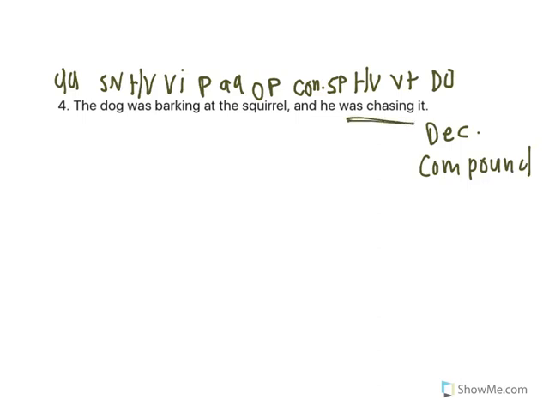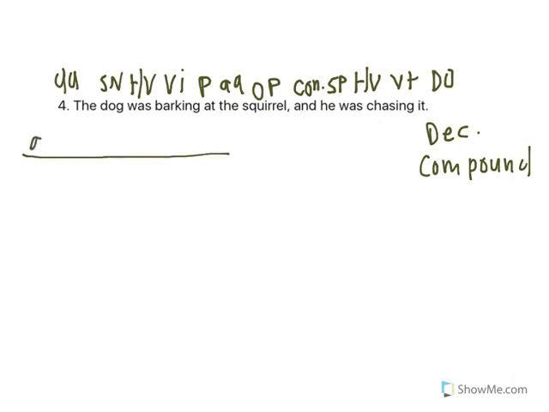And that still makes sense. The dog was barking at the squirrel and was chasing it. But it's a simple sentence. It's not a compound sentence because was chasing it cannot stand alone as an independent clause as the phrase he was chasing it. That can stand alone as an independent clause. So we know then that this is two independent clauses joined by a coordinating conjunction and a comma, and that makes it a compound sentence.